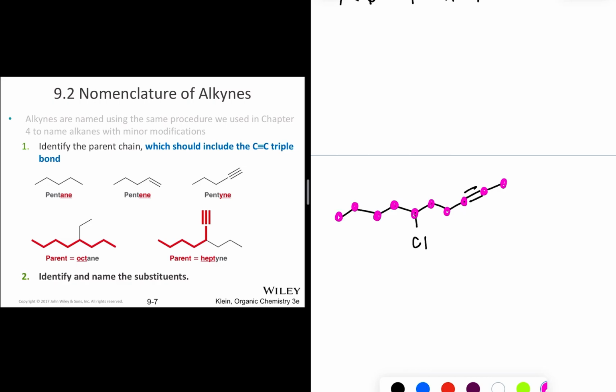There are 10 carbon atoms here, and I need to tell the reader this is a decane. In fact, this is a 2-decyne. And because I have a chlorine at carbon number 6, this is going to be 6-chloro-2-decyne.